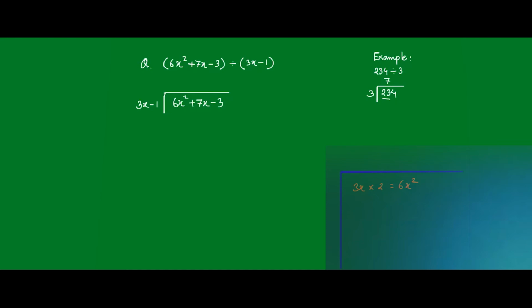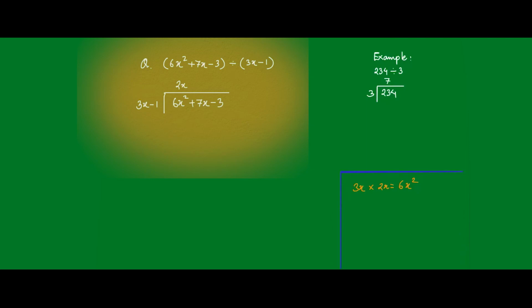So 2x. Now we have got the number. But we have to be very careful here when we move on, because if you go and look at the simple example here, when we get the number here, what do we do? We do 3 times 7, as earlier we wrote it, 21. However, in this case, we take 2x and we multiply.